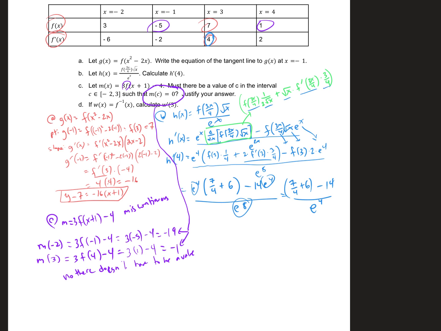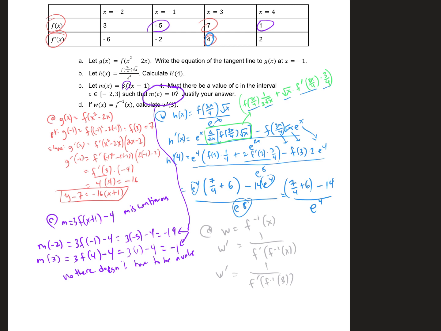And now, part D. Part D, you just needed to know how to take the derivative of an inverse. So w is the inverse function of f. The derivative of that is a formula we talked about, 1 over f prime of f inverse of x. And then when I plug in 3, what f inverse of 3 is saying is take a 3, look for a y value in f, and then tell me what x gave you that.